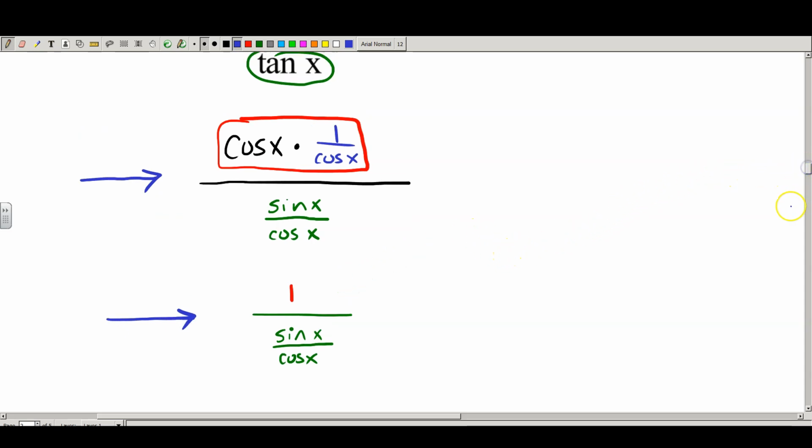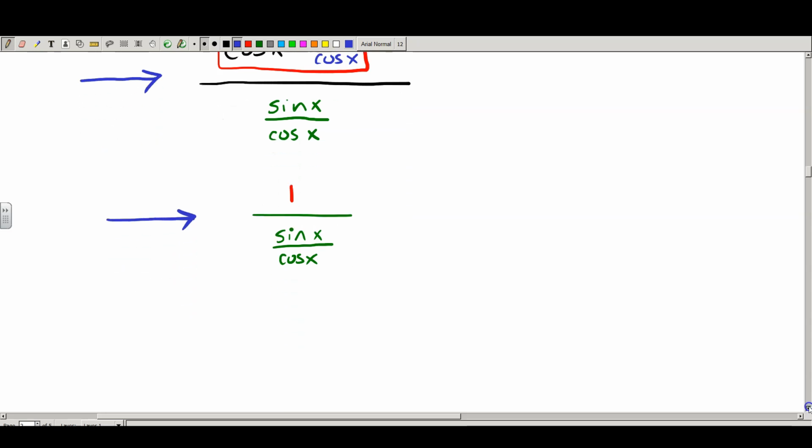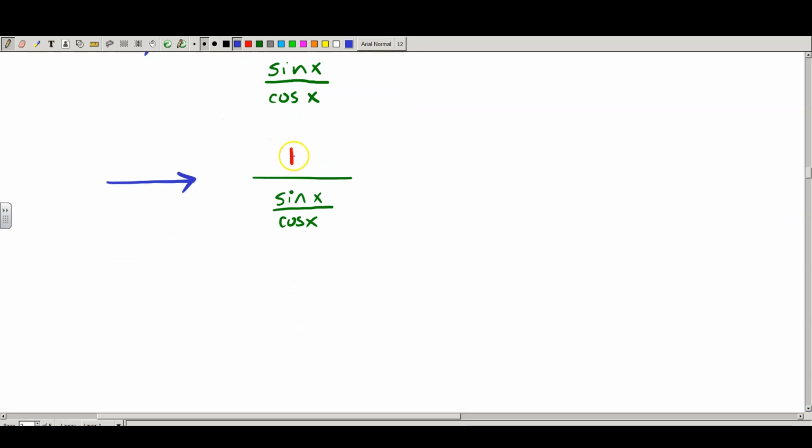And if I have 1 over sine over cosine x, that would just be the reciprocal. So I could think of that as 1 times cosine over sine. So this would equal cosine x over sine x.